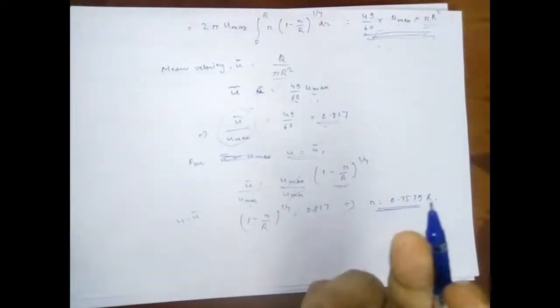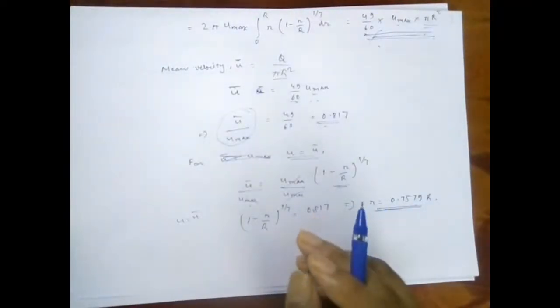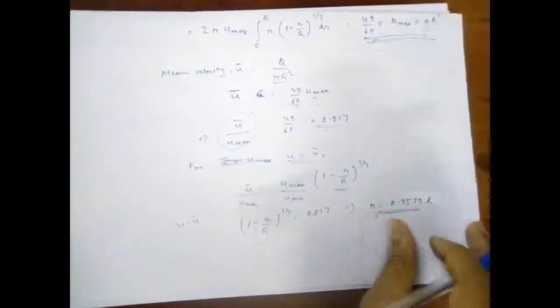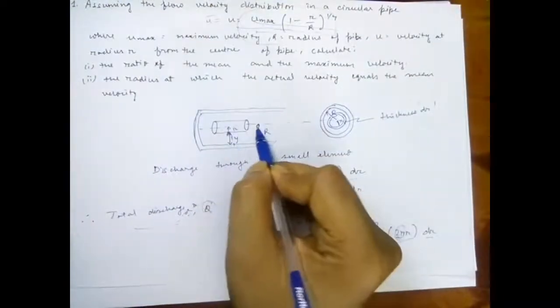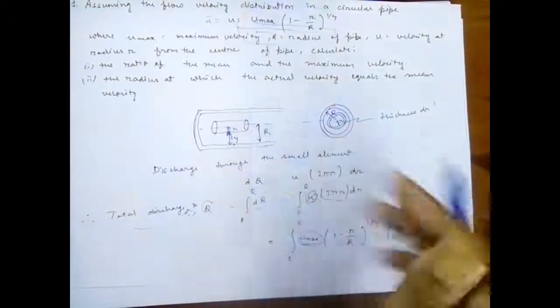Alternatively, if y is the distance from the pipe boundary, then y is equal to capital R minus small r, right? This y is capital R minus this small r.